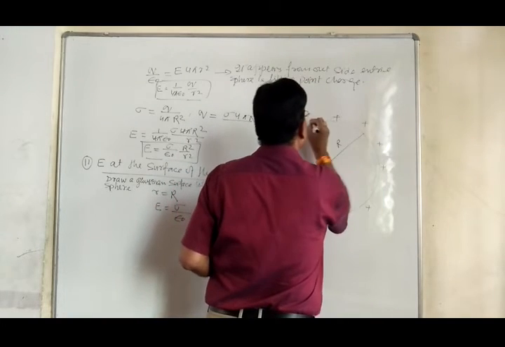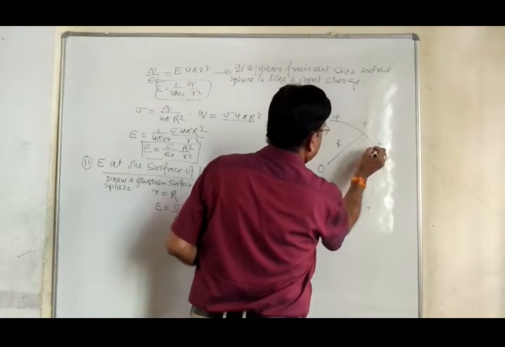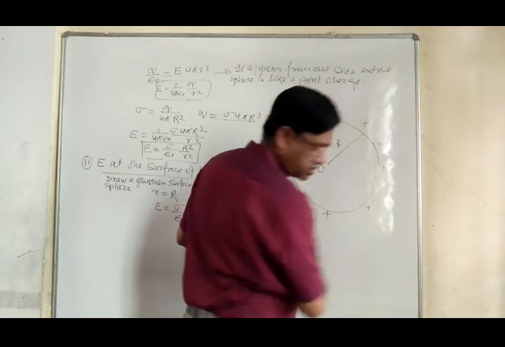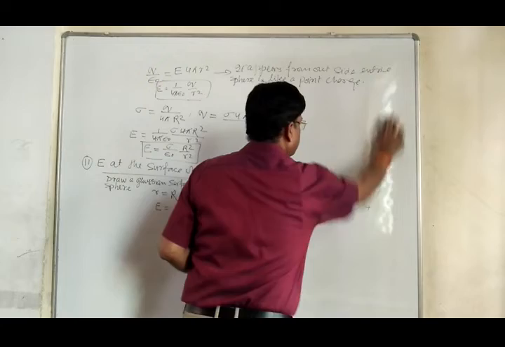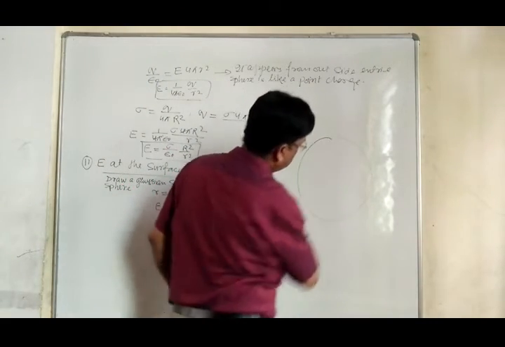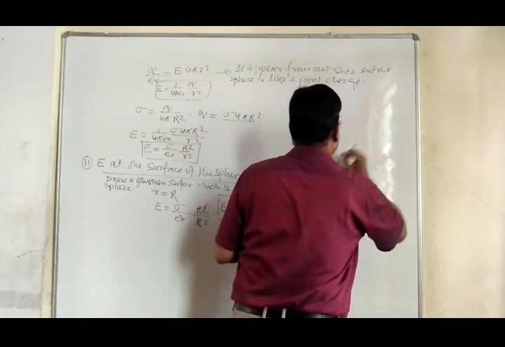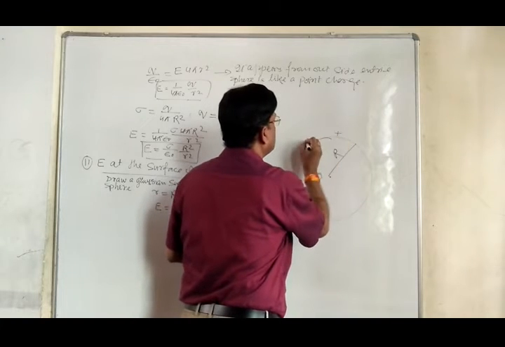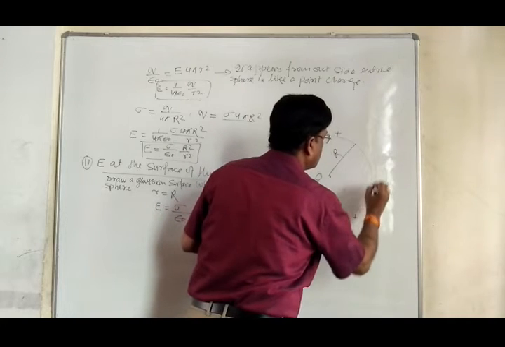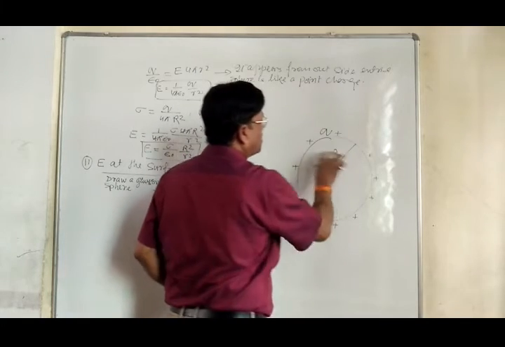Charge is uniformly distributed over the surface. This charge on the surface is Q.